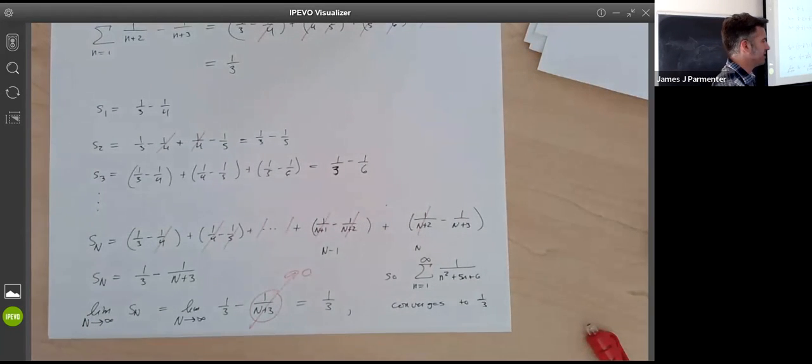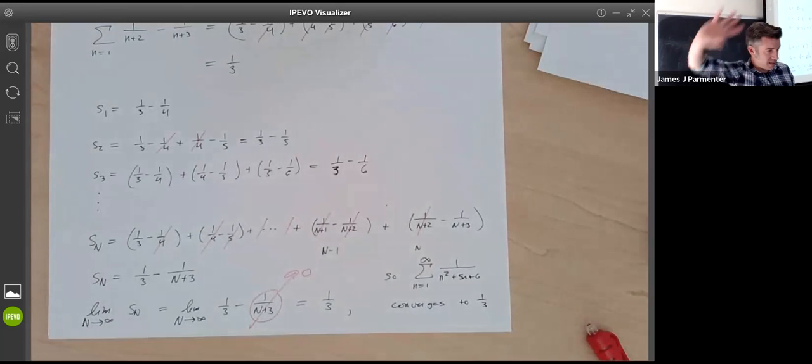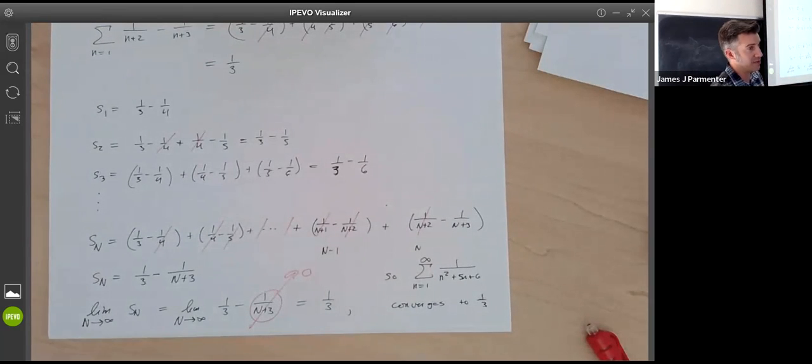When you write that an infinite series is equal to a number, what you're really saying is not that it's literally equal to it, but that the limit of the partial sums converges to it. But we don't really care that much.